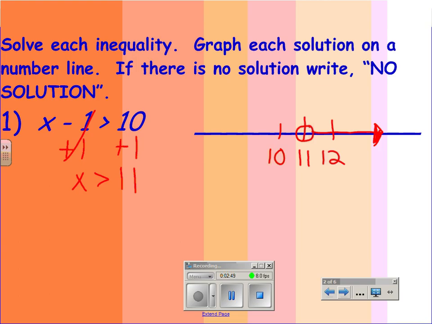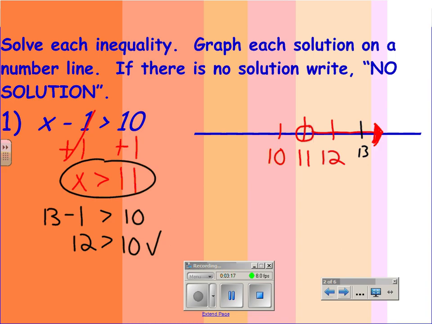So on the line, I'm going to draw a line and an arrow to indicate that every number, not including 11, but greater than 11 would be part of the solution. For example, we can just randomly choose a number. Let's choose 13. If I went back in and substituted 13 into my inequality, this tells us 13 minus 1 is greater than 10. 12 is greater than 10, and of course, that is a true statement.